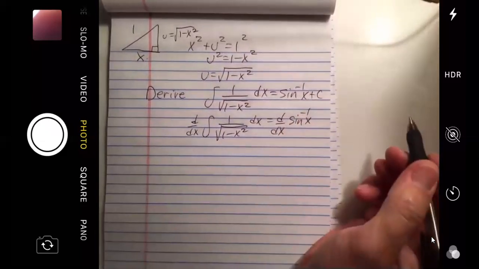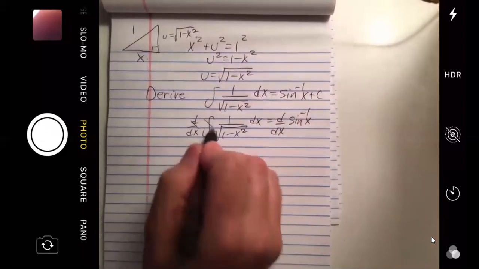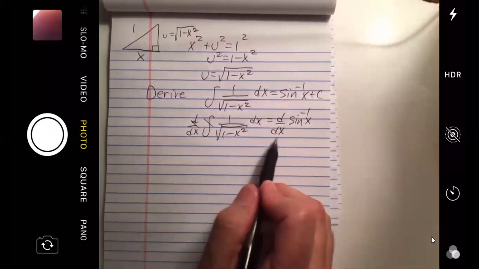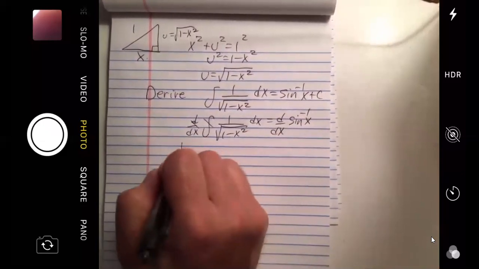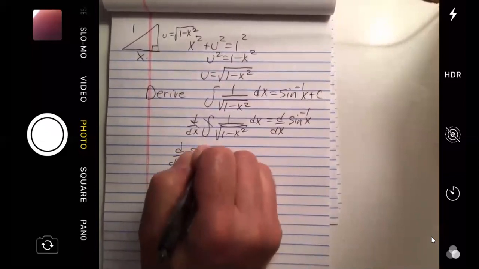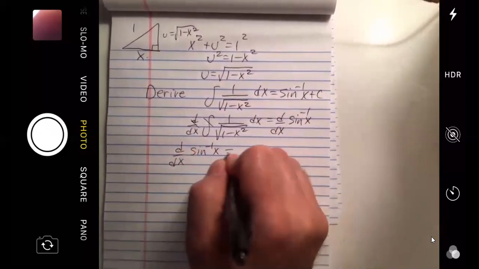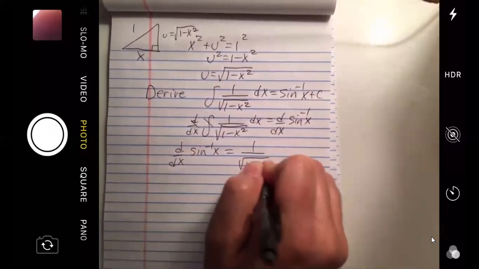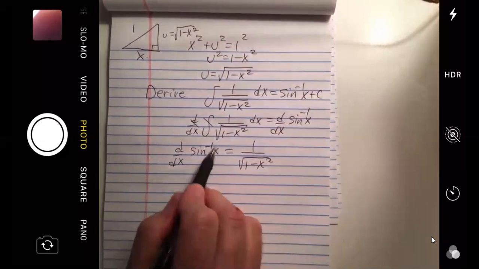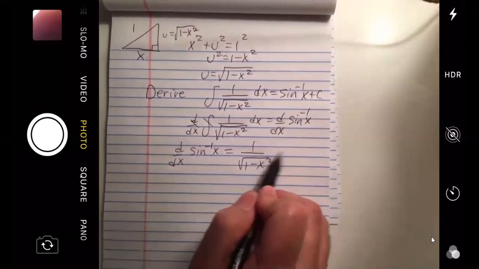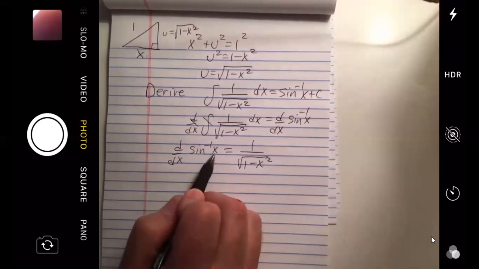The derivative of c goes away. So then this cancels, and basically it means that the derivative of arc sine of x is equal to 1 over the square root of 1 minus x squared with no chain rule. Make this say anything other than an x, and you'd start with this and tack on whatever the derivative of this is for a chain rule.